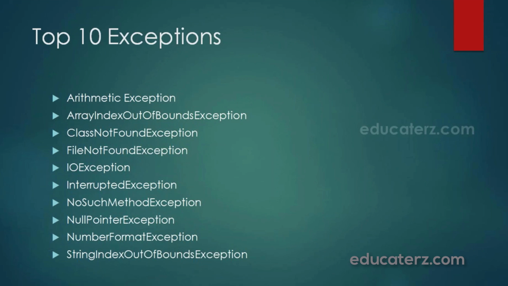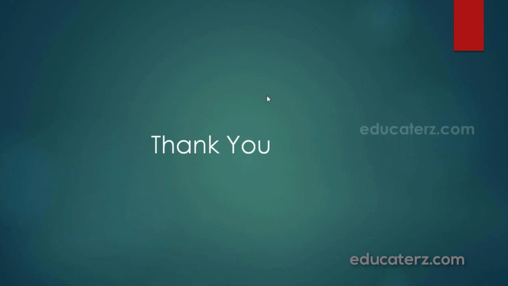So here null means nothing. Similarly, NumberFormatException is raised when a method could not convert a string into a numeric format. StringIndexOutOfBoundsException, which we have just seen, is thrown by String class methods to indicate that an index is either negative or greater than or equal to the size of the string. So that's all with the session.